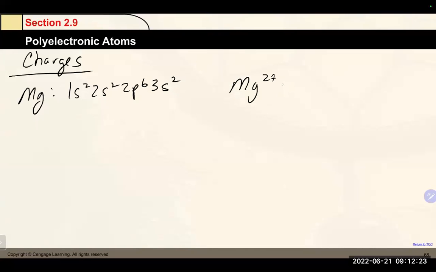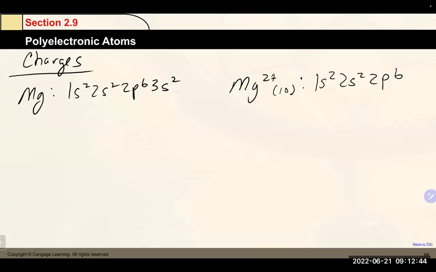Instead of 12, it had +2, which means it lost 2 electrons. So it would end up with 10 electrons, which means 1s2, 2s2, 2p6 would be the proper electron configuration for magnesium with a +2 charge.